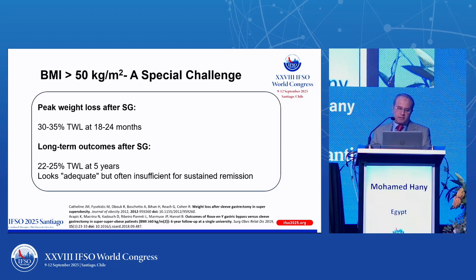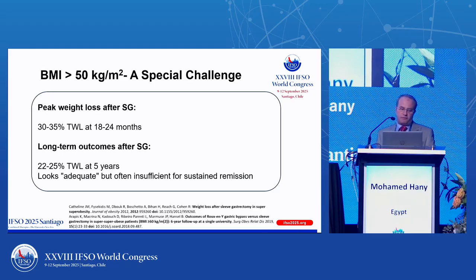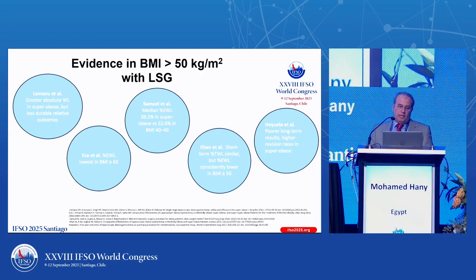So this is a big challenge for patients with BMI above 50. In the literature, the peak weight loss after sleeve gastrectomy is 30 to 35% total weight loss at 18 to 24 months, and this drops after 5 years. It looks adequate, but is often insufficient for sustained remission. So sleeve gastrectomy underperforms in this type of patient, and many studies compare them with patients of lower BMI and found, for example Emmanuel et al., that results are achieved well but are less durable.